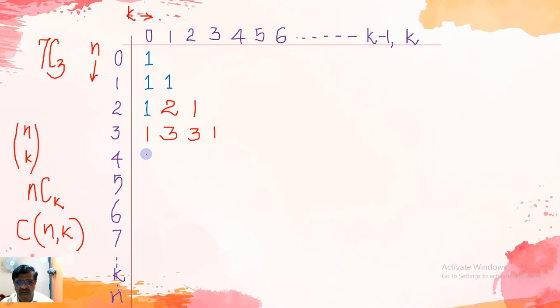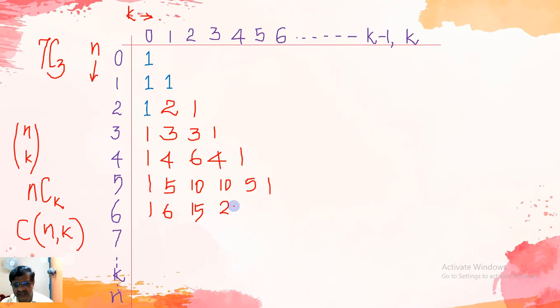Similarly, 4C0 is 1. 4C1 is 3 plus 1, 4. And 3 plus 3, 6. 3 plus 1, 4. And 4C4 is 1. Similarly, 1, 5, 10, 10, 5, 1. Similarly here, 1, 6, 15, 20, 15, 6, 1.